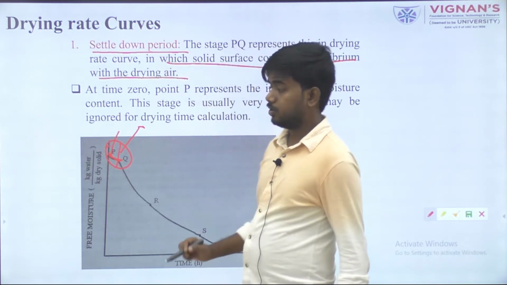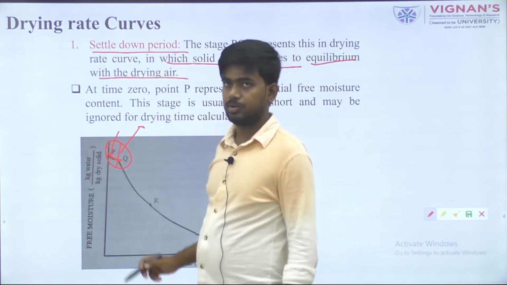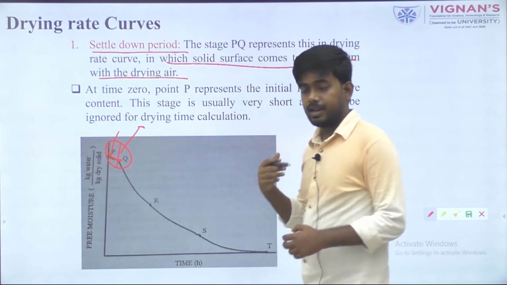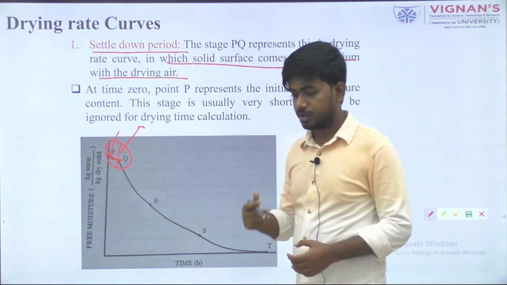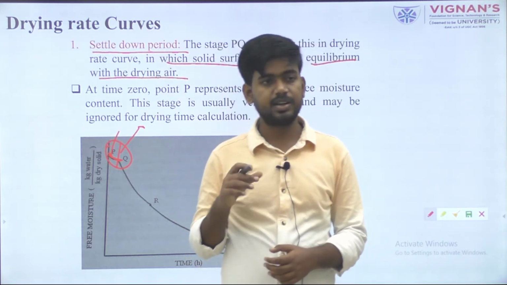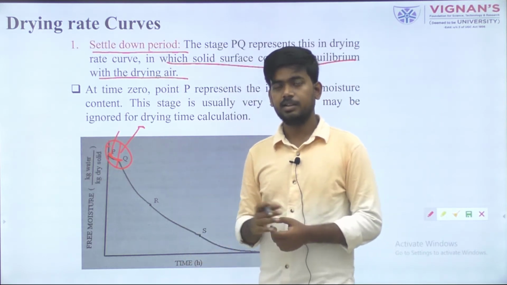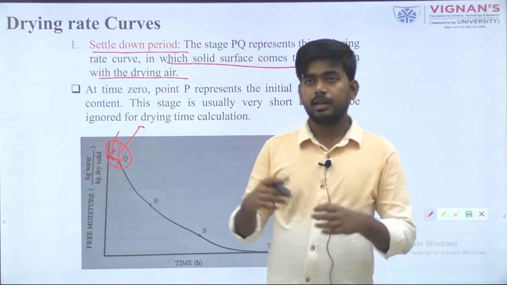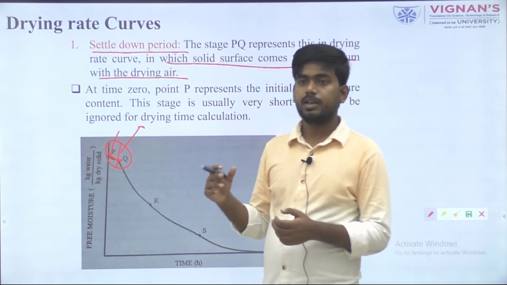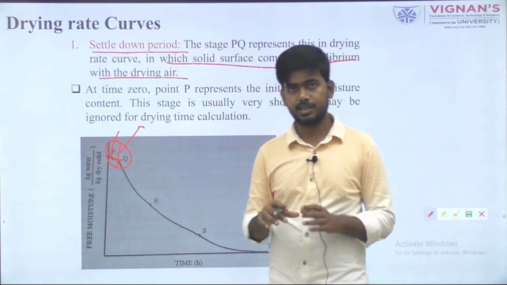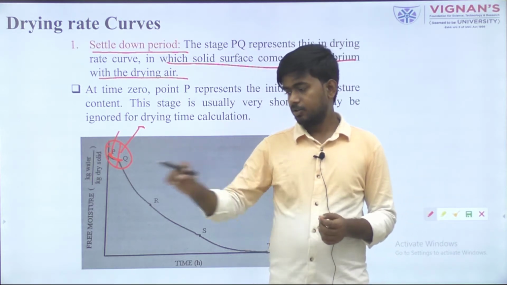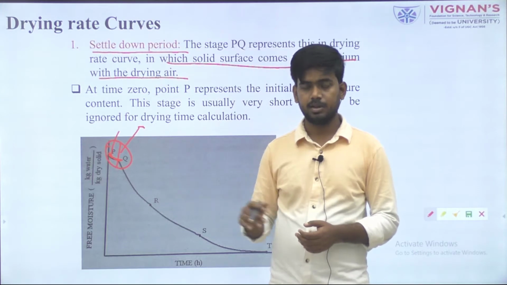The settle down period is at the beginning of the drying process, when any material is fed into the drying chamber. It comes from the environmental temperature, say 25 degrees Celsius, and is suddenly exposed to a 50-degree drying temperature.